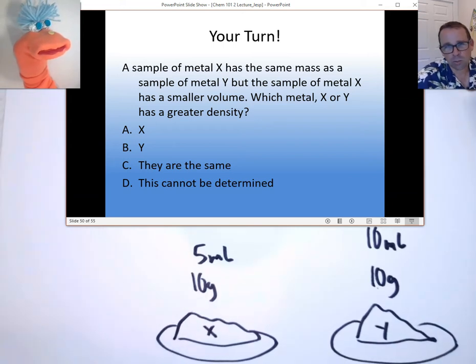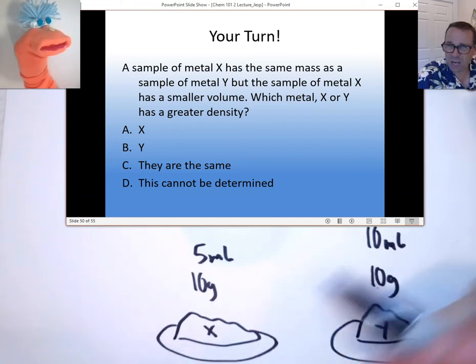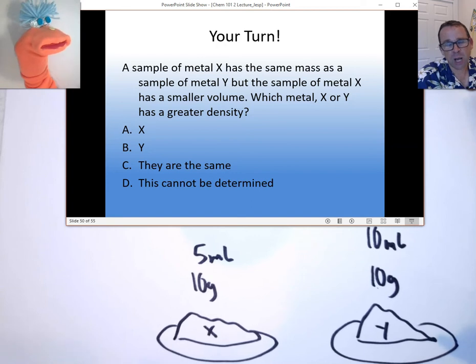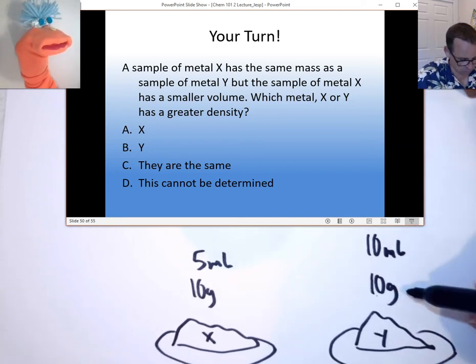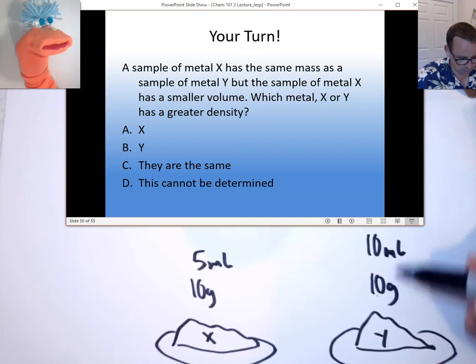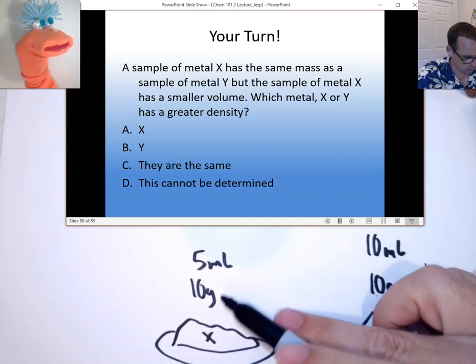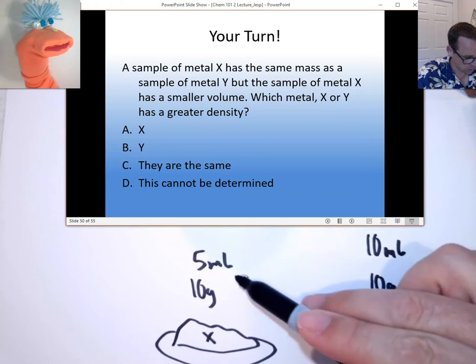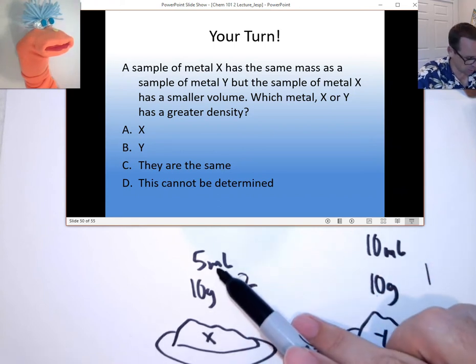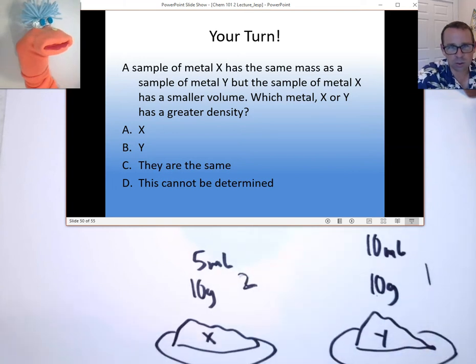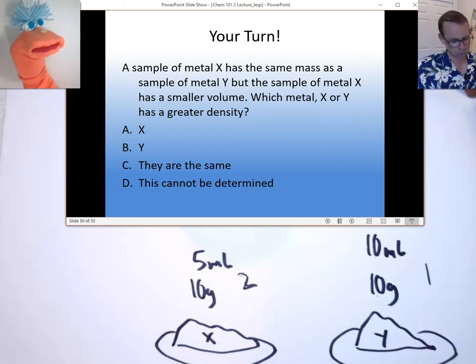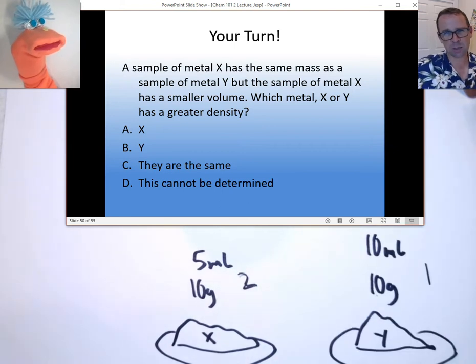We just made those values up, right? But we can identify the density. Here, our density is grams per milliliter, 1. Here, our density is 2. Now, these are just made-up numbers, but because the volume here is smaller, but the mass is the same, the density of X is going to be higher. We don't know exactly how much higher because we made these numbers up, but it's going to be higher.